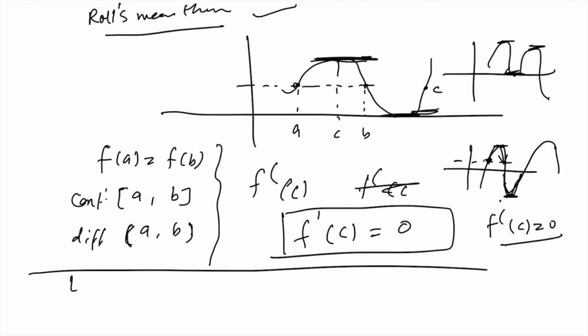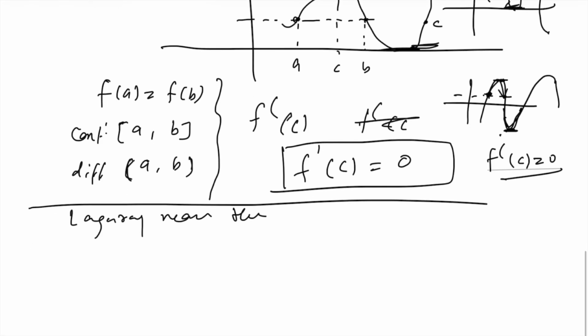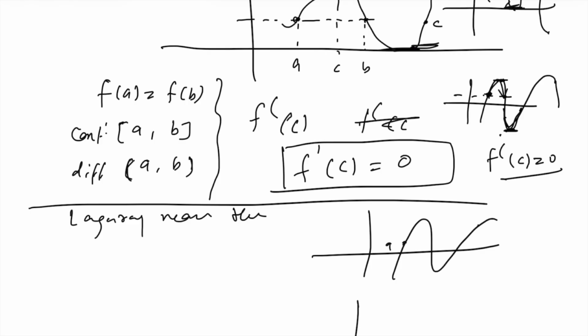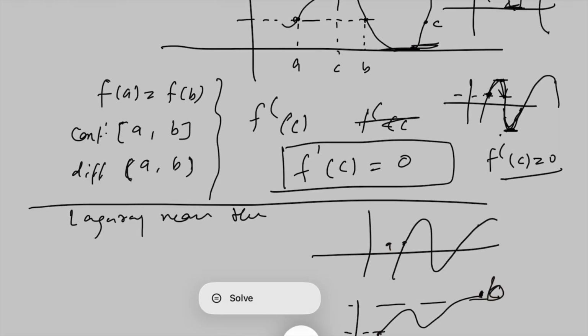There's a similar concept in Lagrange's mean theorem. What Lagrange says is that it's not necessary that we have such a function. Let's say you find a point B here and A here. What if they are not equal? So he just extended the formula.